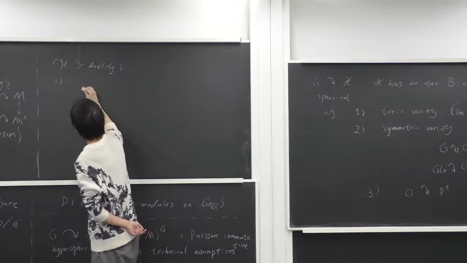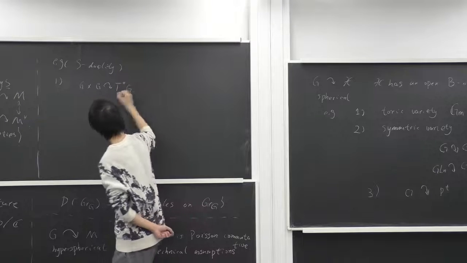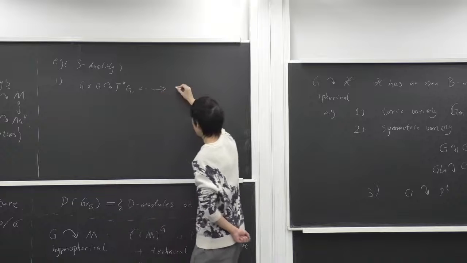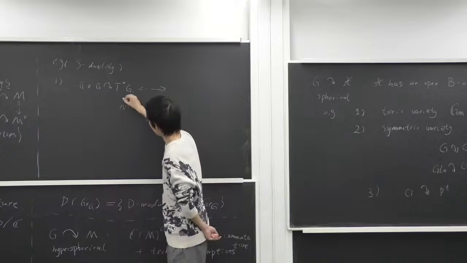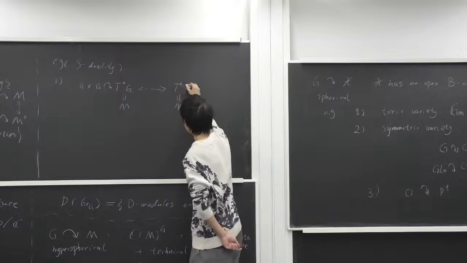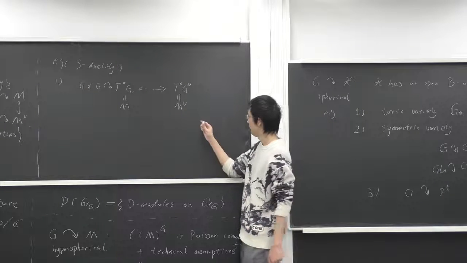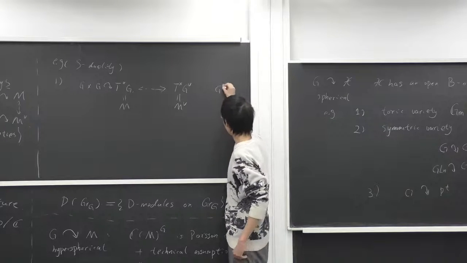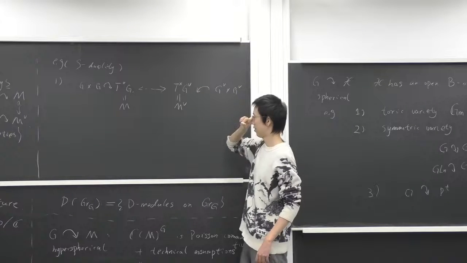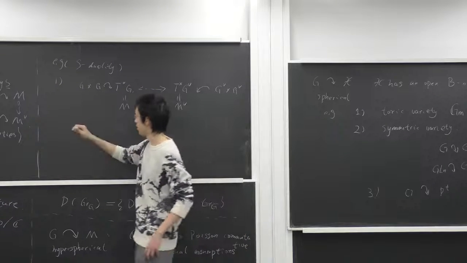Namely, if you consider G times G on T star G, then its hyperspherical dual is given by M check, which is T star G check, the cotangent bundle of the Langlands dual group. And here you regard this as a G check times G check hyperspherical variety. So that is the first example of this duality.